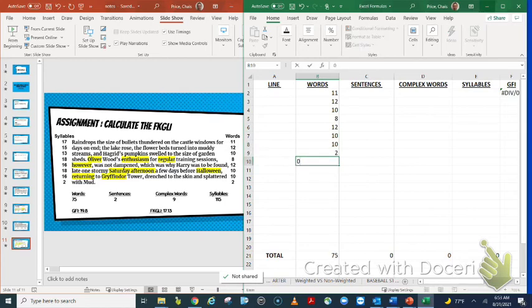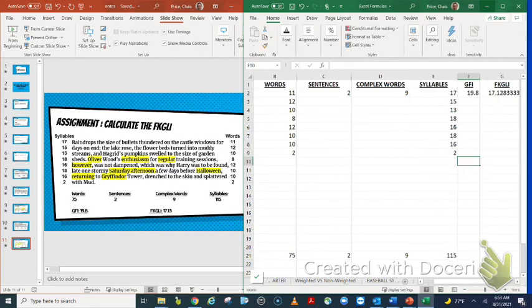My sentences, I had 2 sentences again. My complex words, 1, 2, 3, 4, 5, 6, 7, 8, 9. I had 9. And my syllables, 17, 15, 13, 18, 16, 18, 16, and 2.